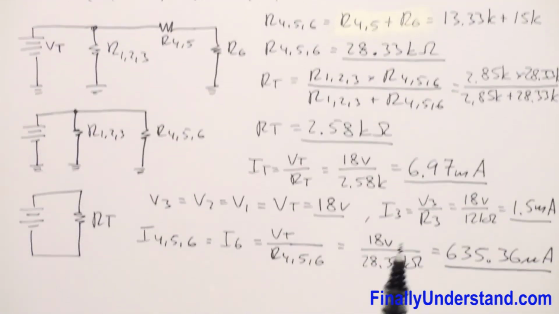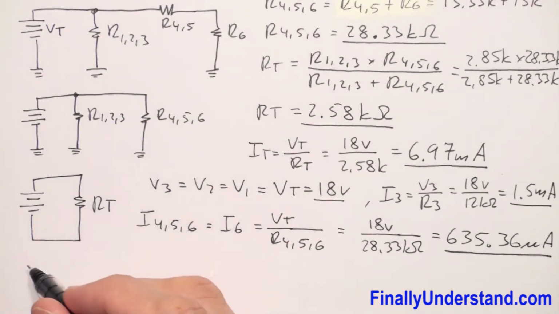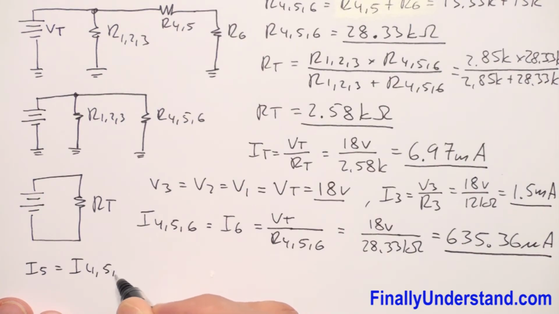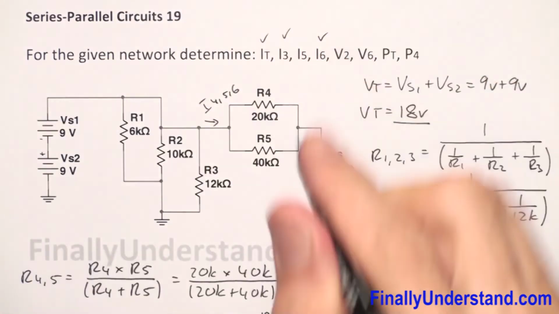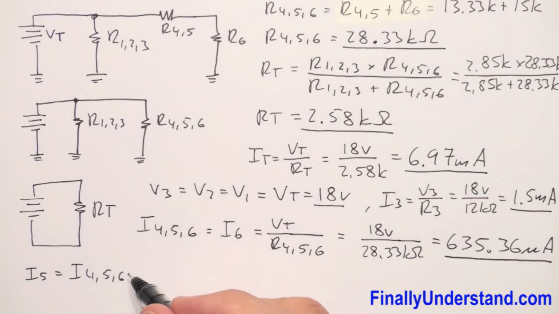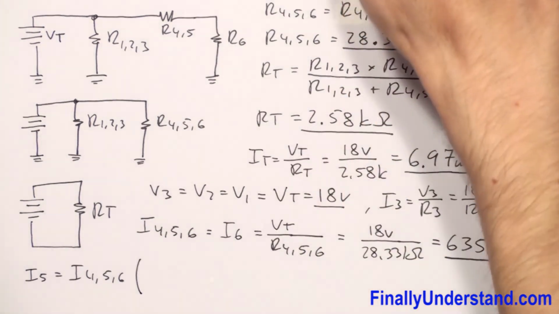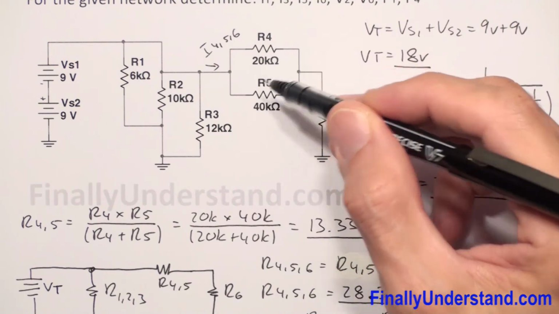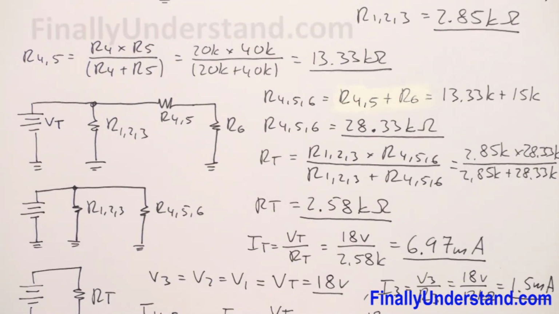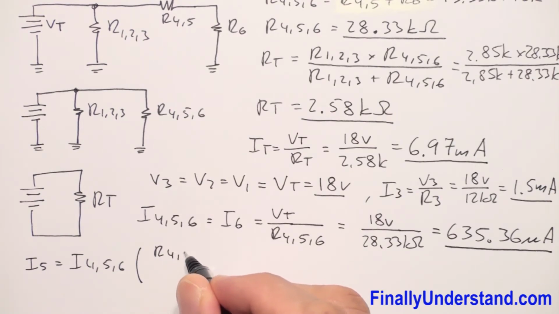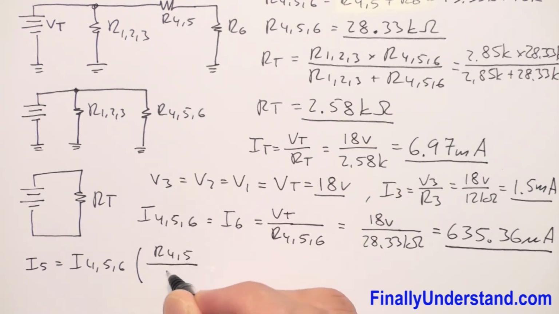I'm going to write that I5 is equal to I4,5,6, the total current through this part of the circuit, times the equivalent resistance of these two resistors, R4,5, over R5.